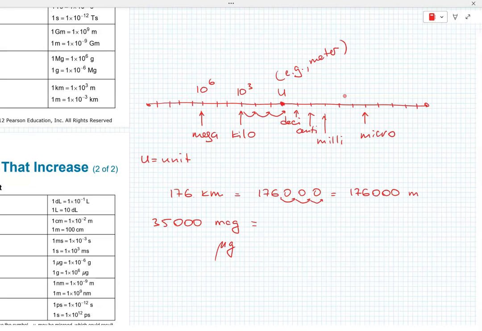Which direction? Left. 1, 2, 3, 4, 5, 6, 7, 8, 9. This is the decimal point. Put placeholders. That's your mass in kilograms. Okay, makes sense? Everybody? Fantastic.